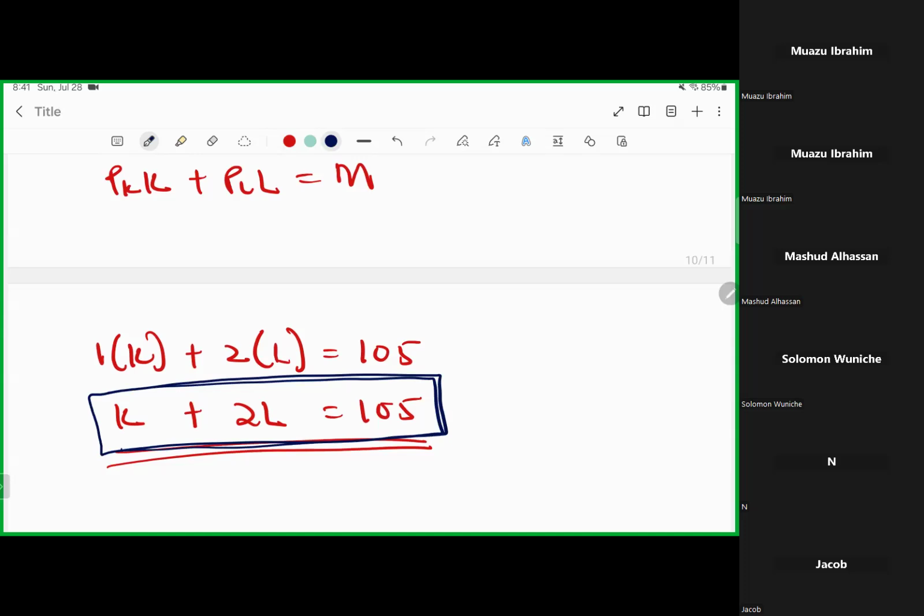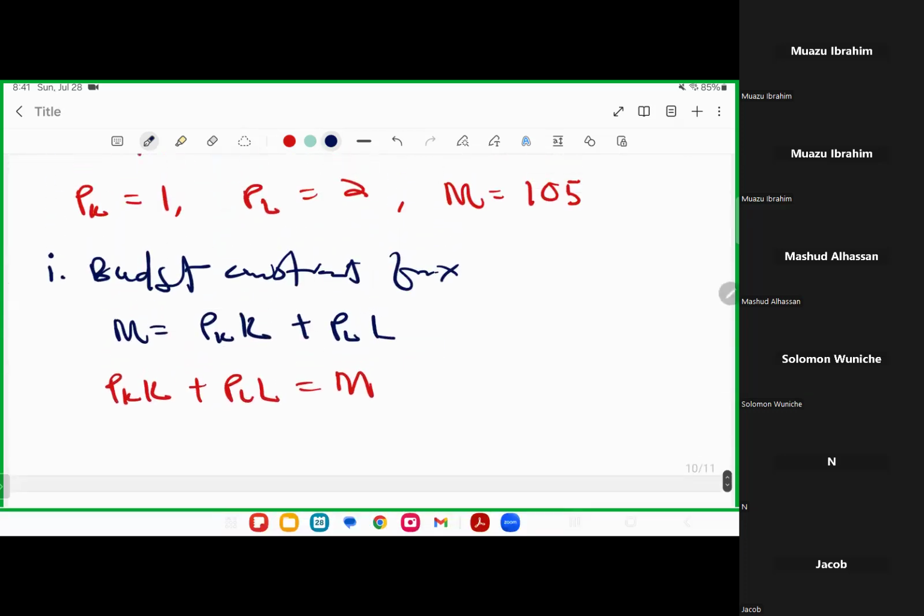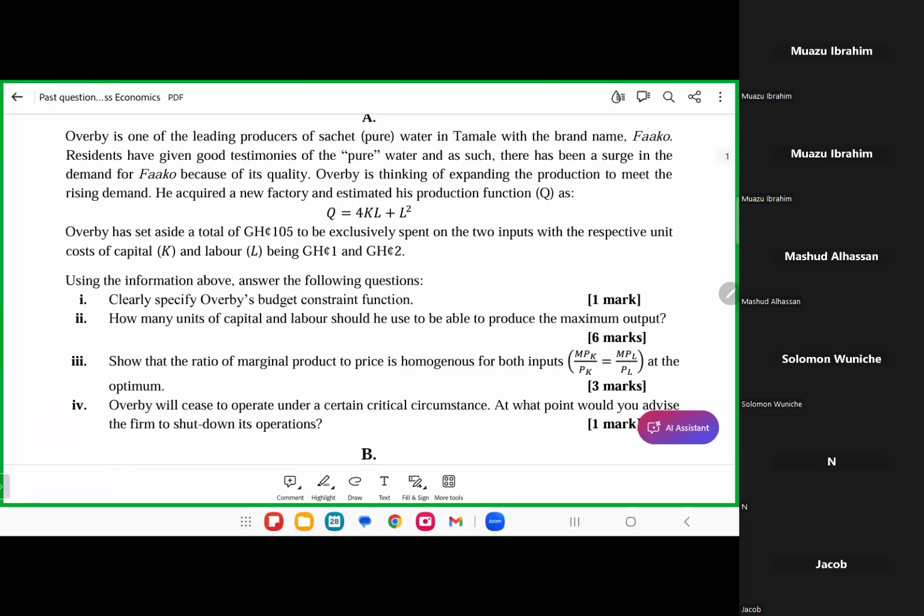So what is the second question saying? Let me bring it. The second question is asking us, clearly specify Overby's budget constraint function. That is what we have done.